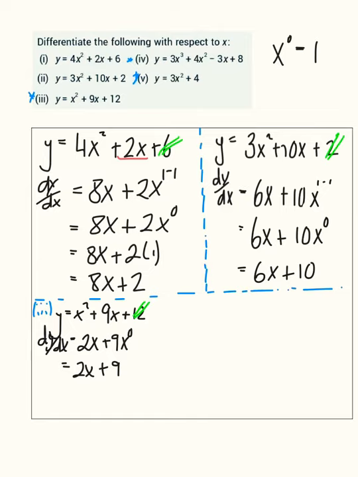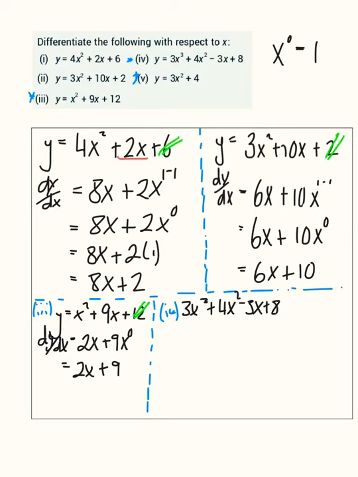So then again, moving on to part 4, so correct these as we go along. So part 4, we have 3x cubed plus 4x squared minus 3x plus 8.